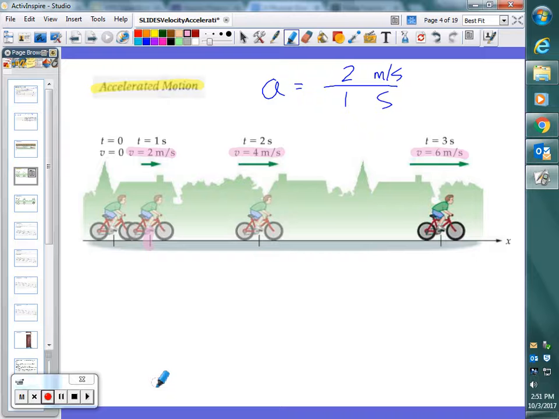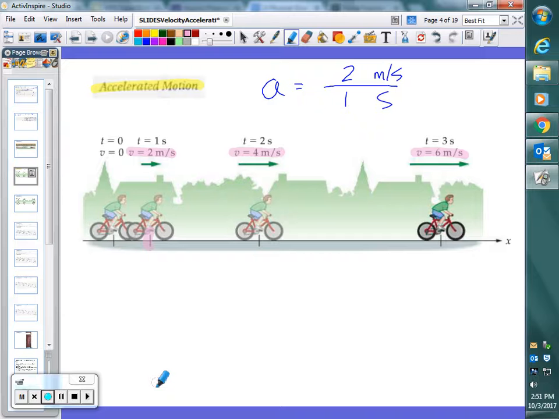The acceleration, right? So the instantaneous velocity will change by some value equal to the acceleration. Does that make sense? If we know what the acceleration is, we can predict what the instantaneous velocity will be after 7 seconds, or after 10 seconds, or after 50 seconds.